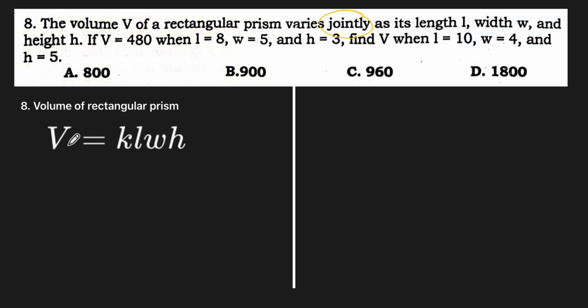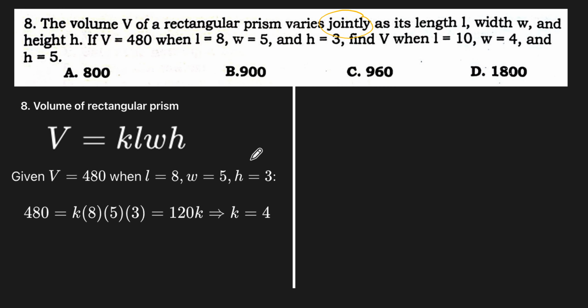this is the formula, or this is the format. V equals k times length times width times height. So in this case, we use the first value. We have the volume equals 480 here, and then length is 8, W is 5, H is 3. Then we plug in all the values that we have.